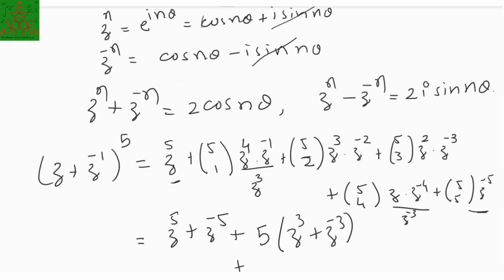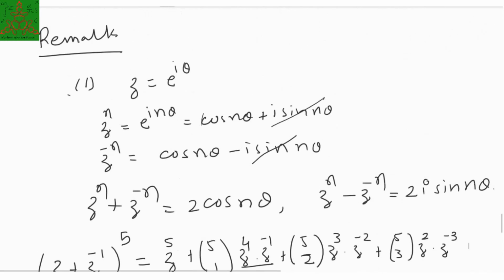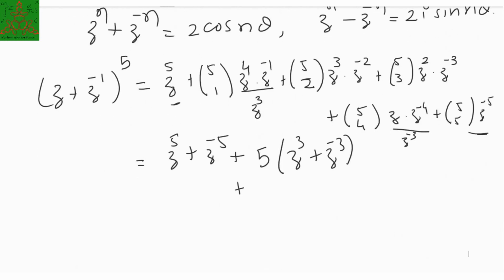Plus, if you write 5c2 jointly with 5c3, this will give you z and this will give you z raised to minus 1. So 5c2 gives you 10 and 5c3 also gives you 10.